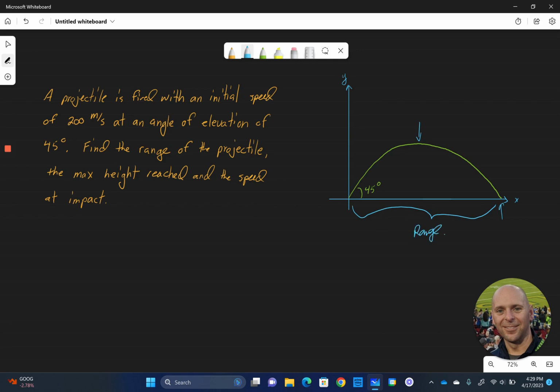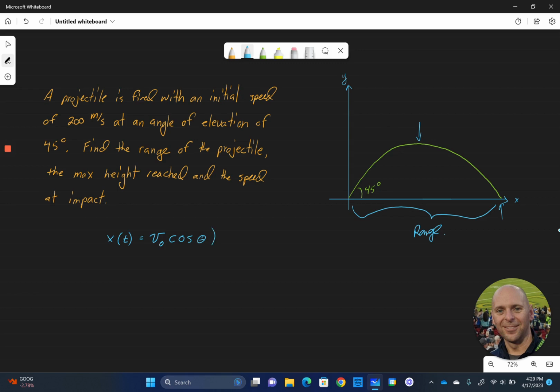Now when I work with these particular formulas, and I'm going to go ahead and write them out, I generally write them out and use them more parametrically than anything else. I think it's just easier to separate out the i and j components into effectively their horizontal and vertical pieces.